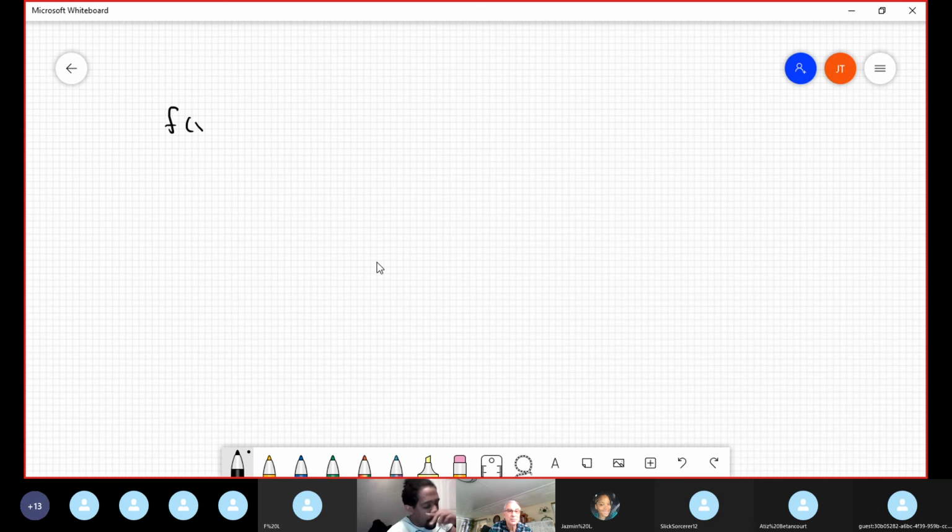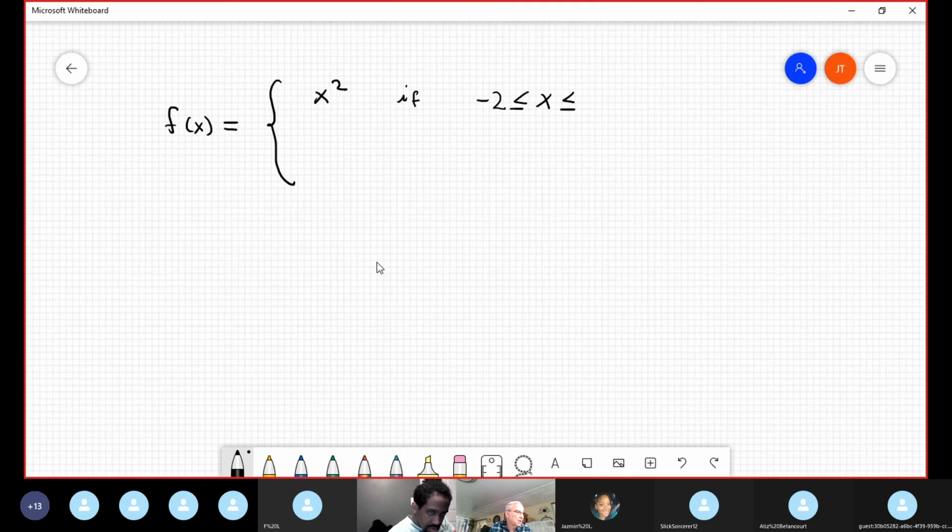I like this. f of x equals x squared if x is between -2 and 2, and 2x minus 1 if x is greater than 2.